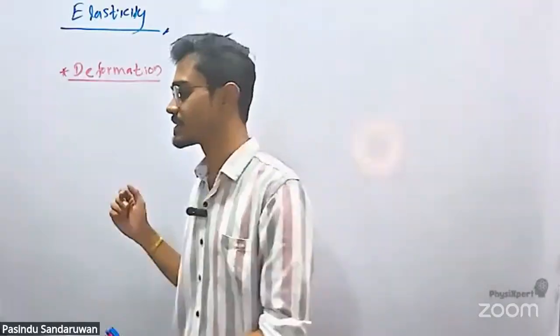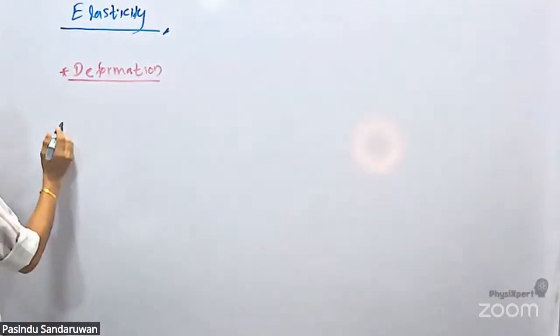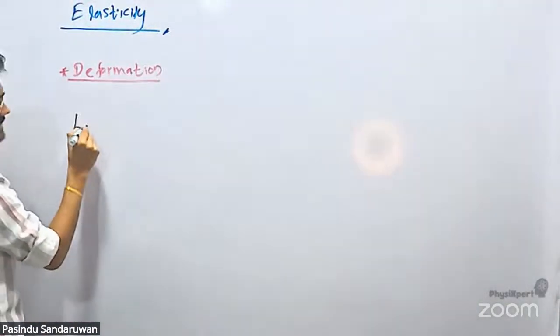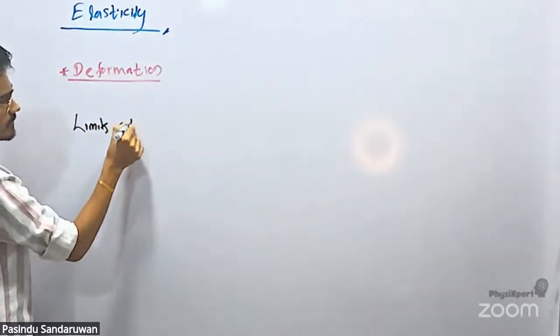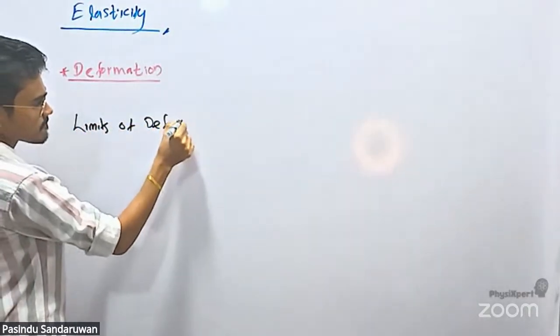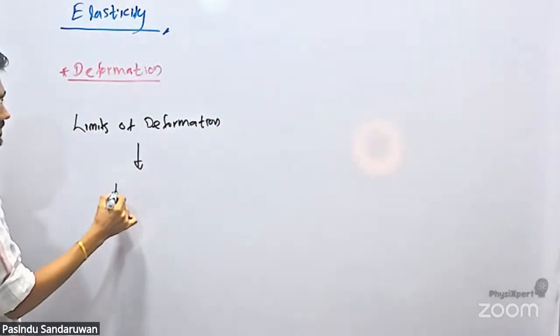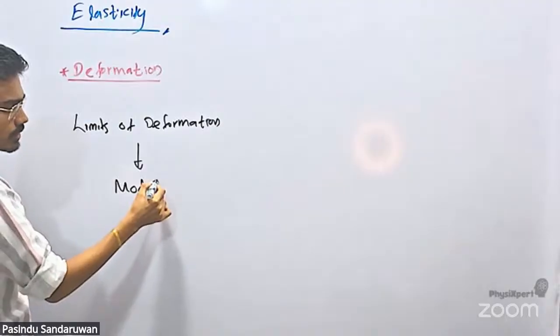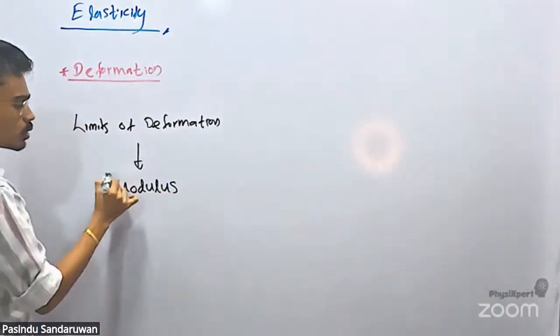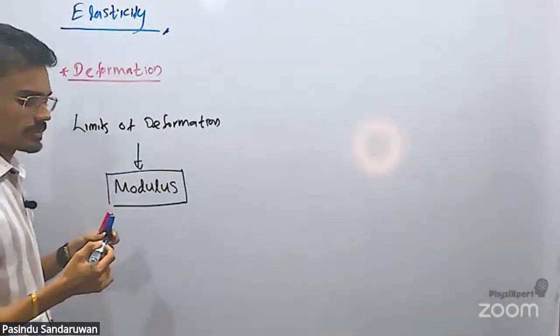It has limits. Don't write, just look at the board. For deformation of objects, it has limits. To determine these limits, we have something here called modulus.